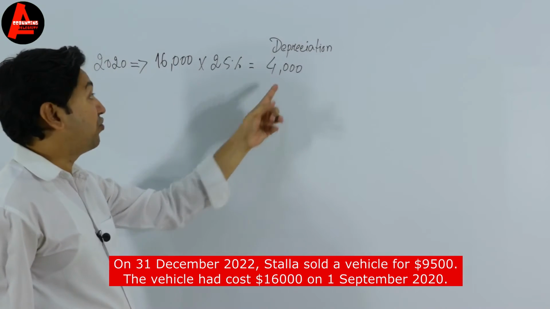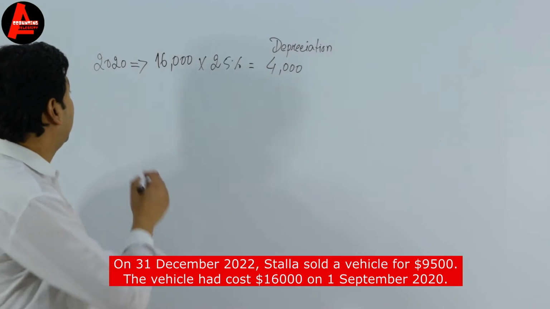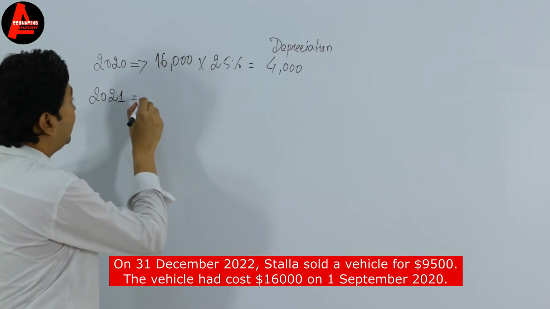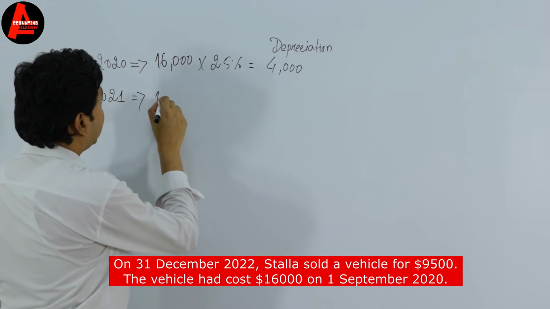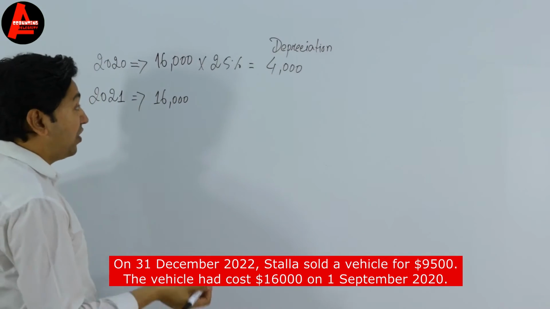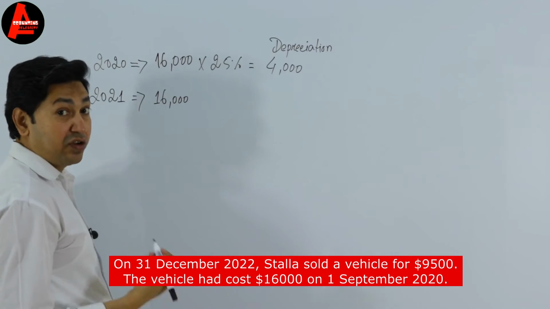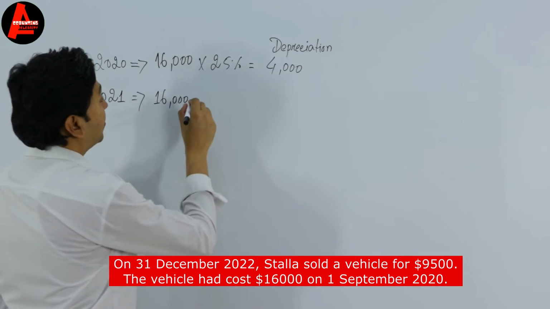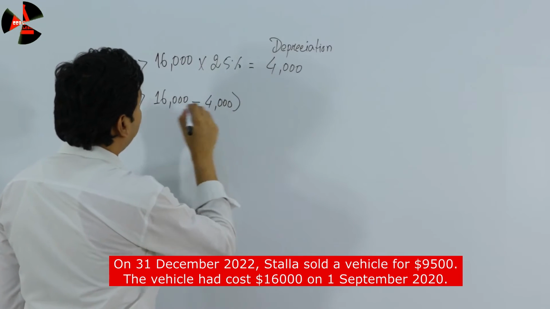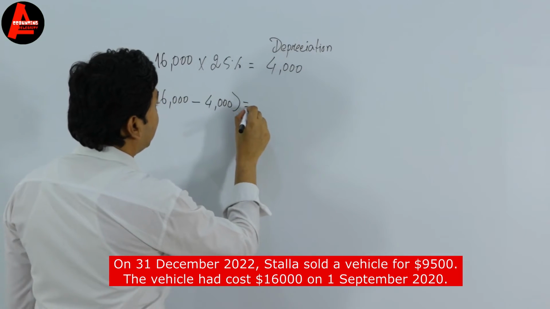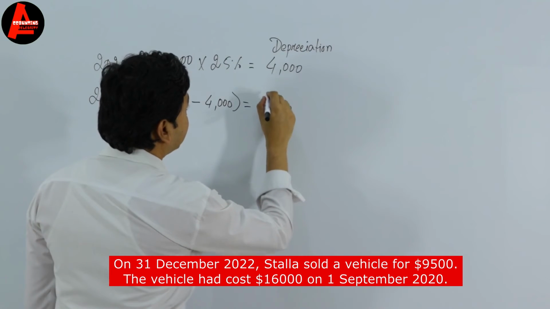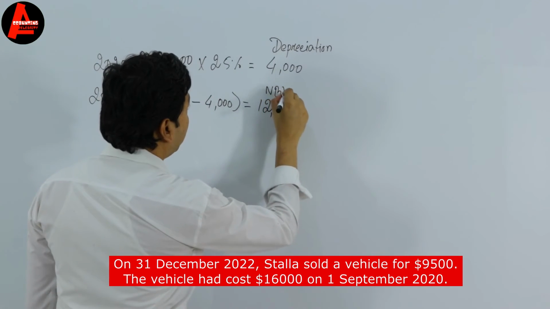Now for 2021, what will be the depreciation? For 2021, the cost price was $16,000, so we have to calculate the net book value. Net book value equals cost minus depreciation. The previous year depreciation was $4,000. We subtract, and we get $12,000. This is the net book value.